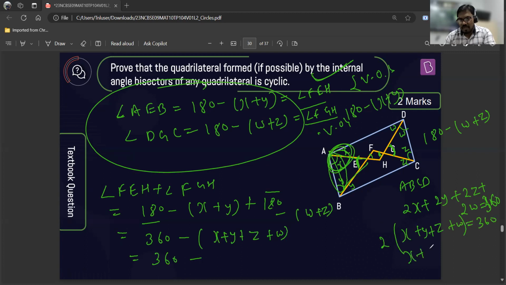So finally X plus Y plus Z plus W is 180.